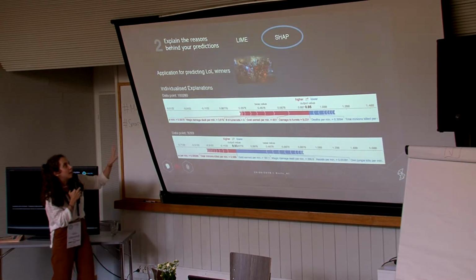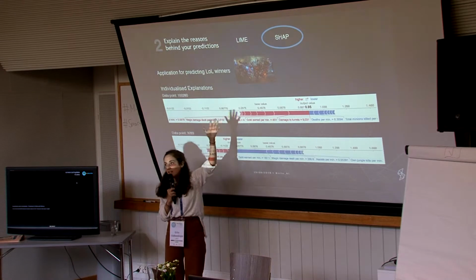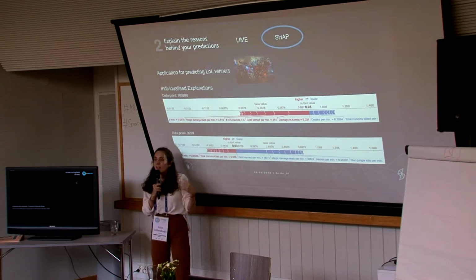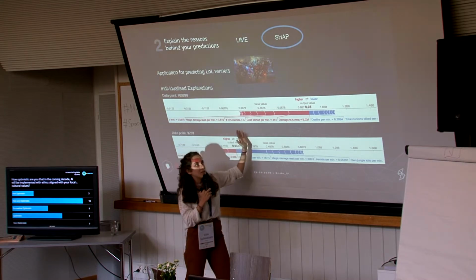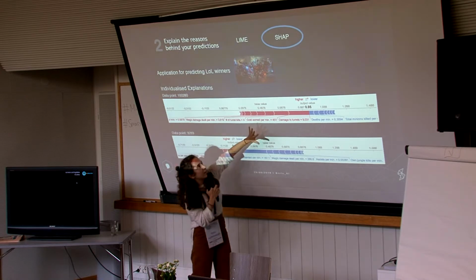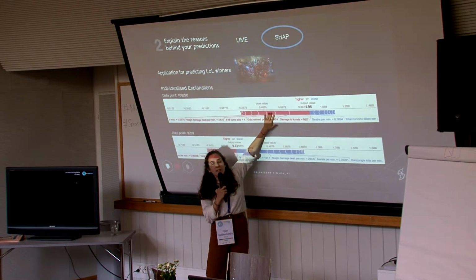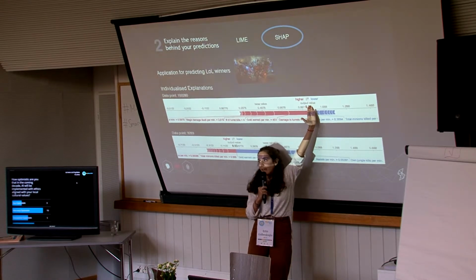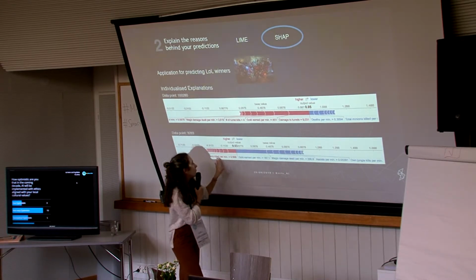For example, I took this League of Legends game dataset and I tried to predict if a player will win the game based on their performance measures. For this player, my model predicted with 95% probability that he will win the game. And for this one, my model predicted with 3% probability that this guy will win the game.